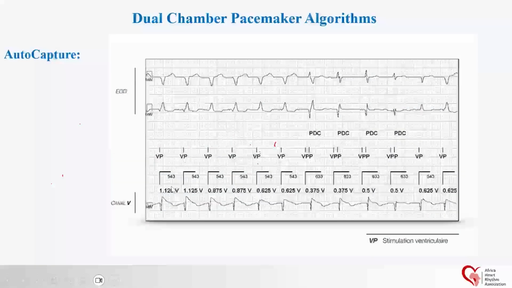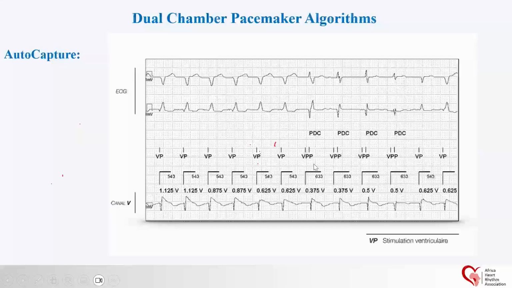Dès qu'il commence le test, il va commencer à diminuer le seuil de 0,25 jusqu'à ce qu'il perde la capture. Là, il a perdu la capture à 0,3, mais il a donné un backup de 5 volts. Il n'est pas affiché ici. Là, il commence à 0,5, mais on a toujours perte de capture.